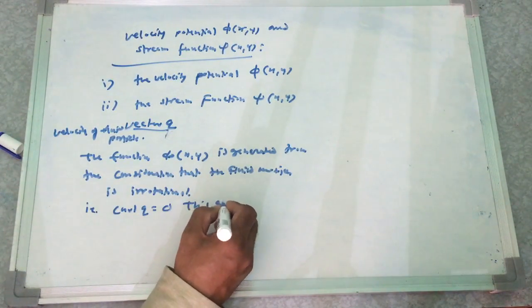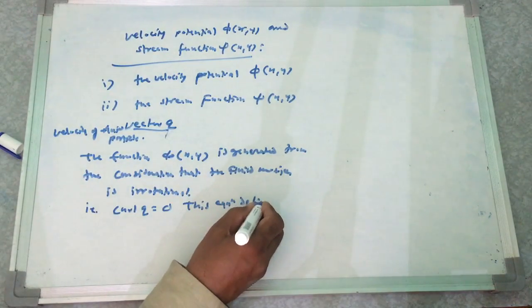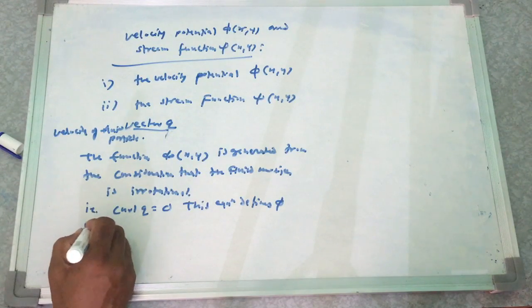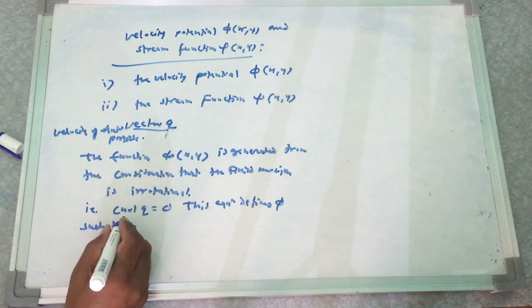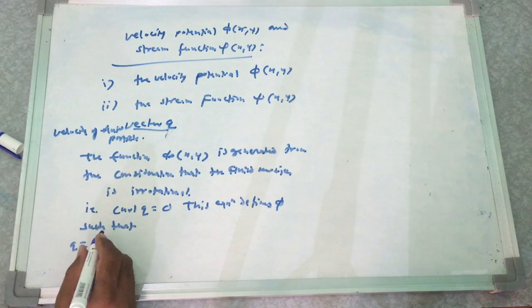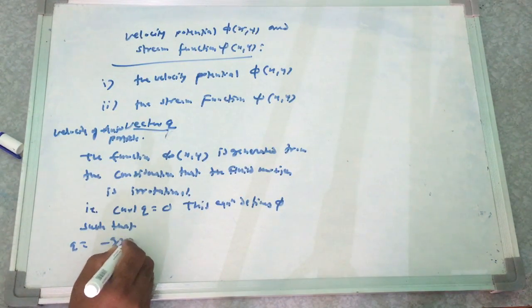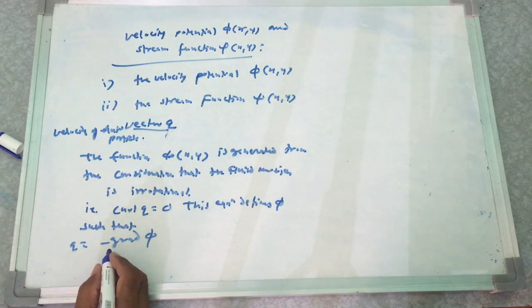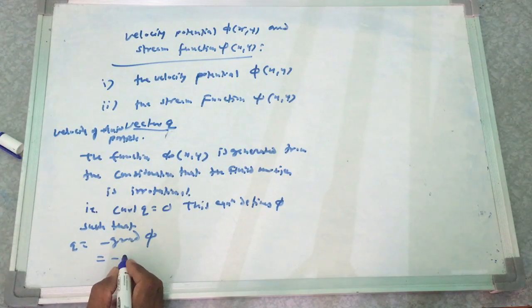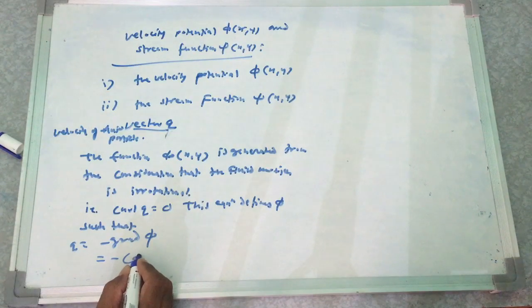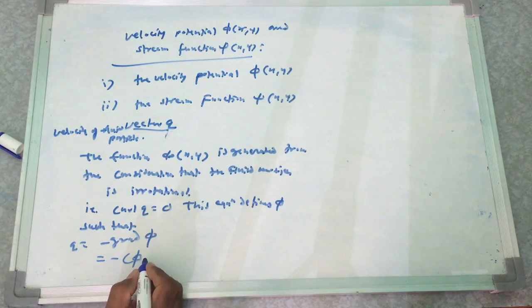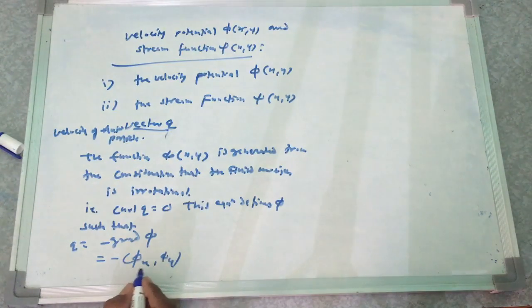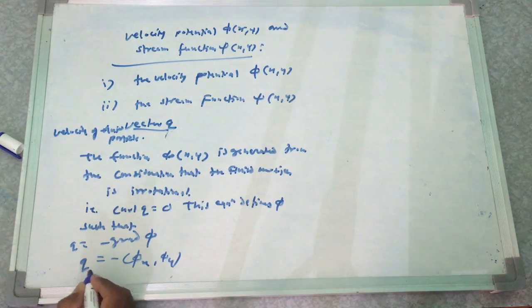This equation defines phi such that q is equal to minus gradient phi, is equal to minus of phi suffix x and phi suffix y. So this is q.